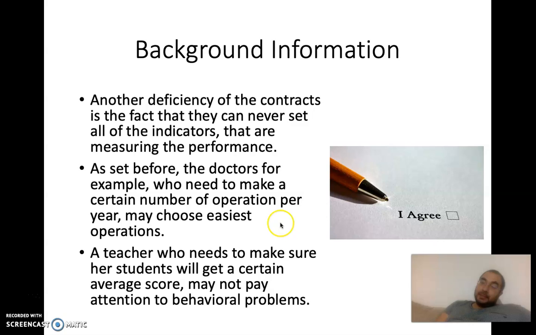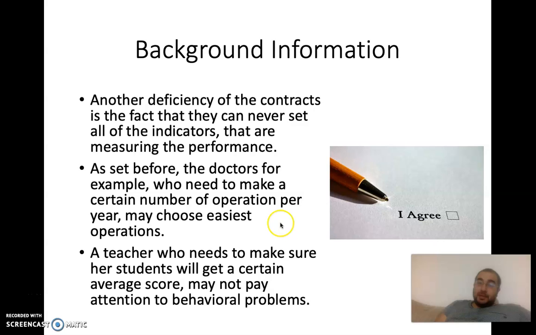And as a doctor, I can easily look at 20 patients, but if I'm able to choose, I might choose the easy ones, for which I might not need to put in effort.